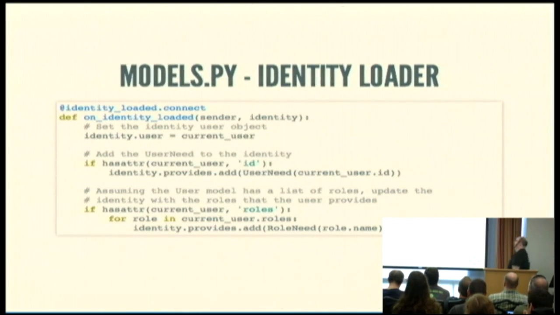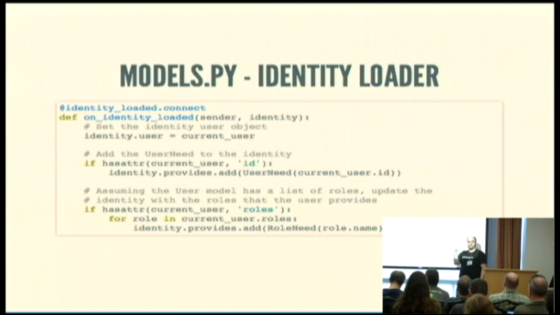And then I need to decide what happens when someone logs in, all right? When someone logs in, I need to connect this authorization information to them. So in this case, I'm going to set the identity of the user to whatever their current username is. Then if the current user has an ID, I'm going to say it provides a user need authorization for that user ID, okay?